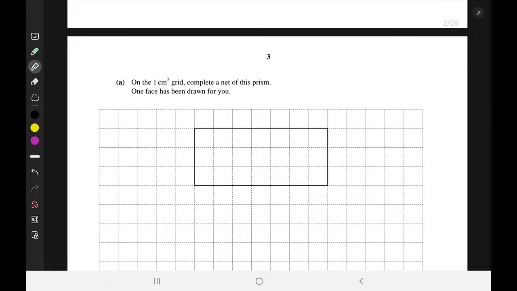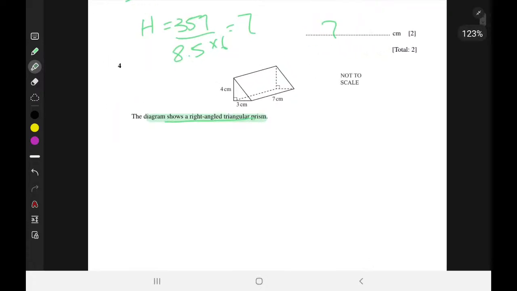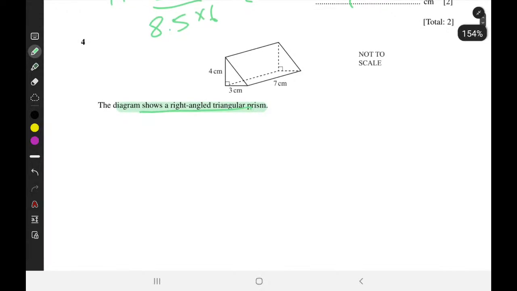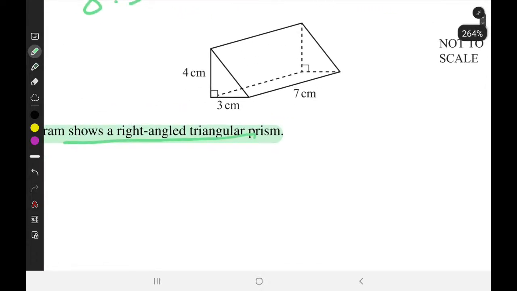This is a question from netting. So you have to imagine this. First of all, let me draw this up. So this part over here, I'll shade it in green.